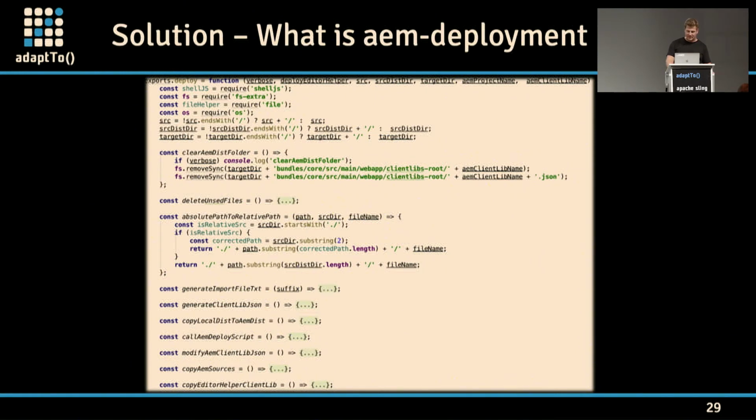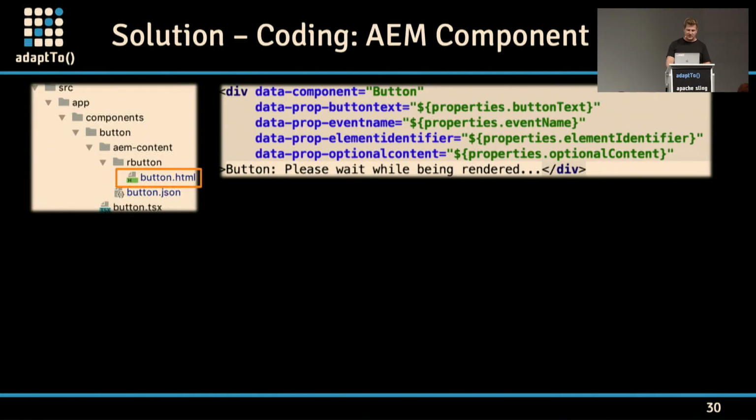And in order to have everything in one project, we structure it in a way that in our source code project, in the source folder, we have a components folder. And in the components folder, it's not just the React code inside the React project, but we've got an aem content folder in there. This is a naming convention we set up.